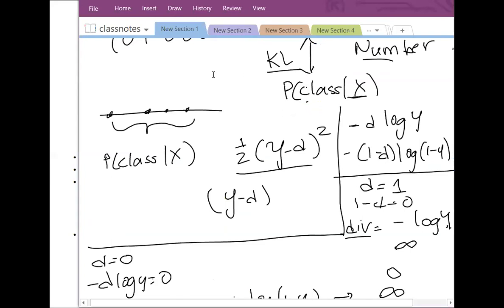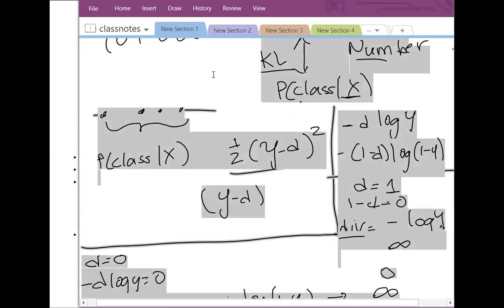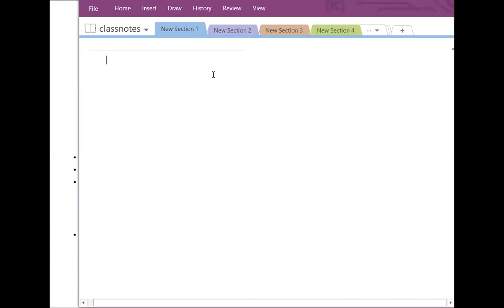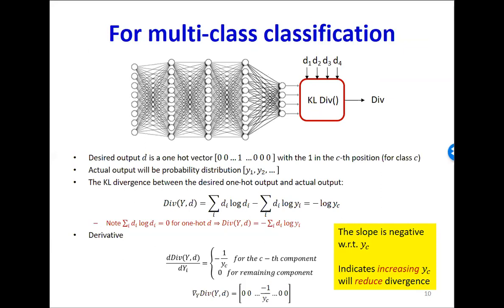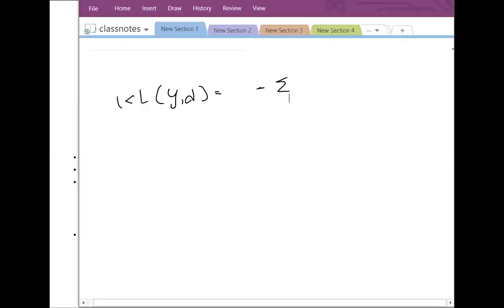The KL divergence between y and d is given by summation di log di minus summation di log yi.